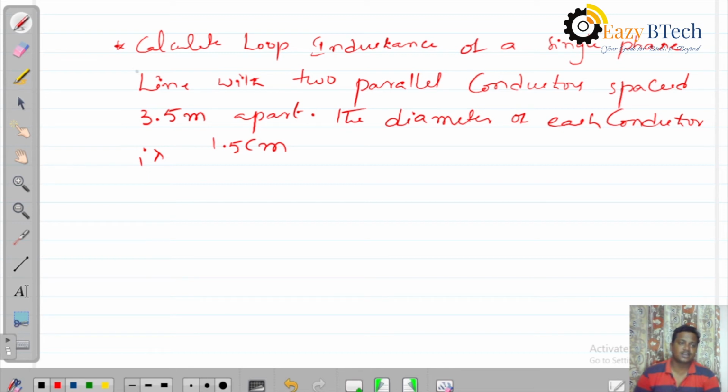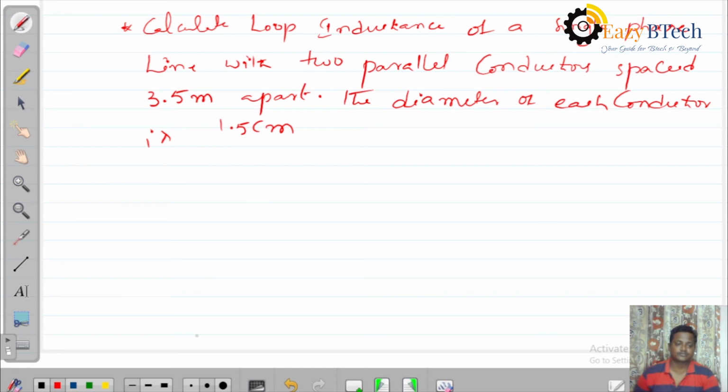I will give the given data and we have to calculate the solution.